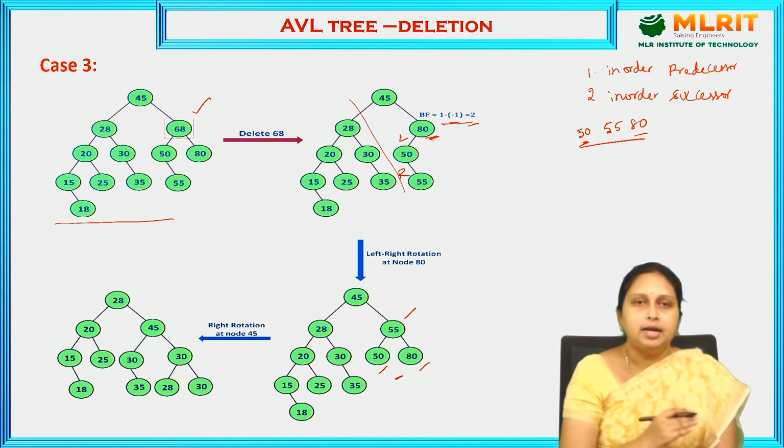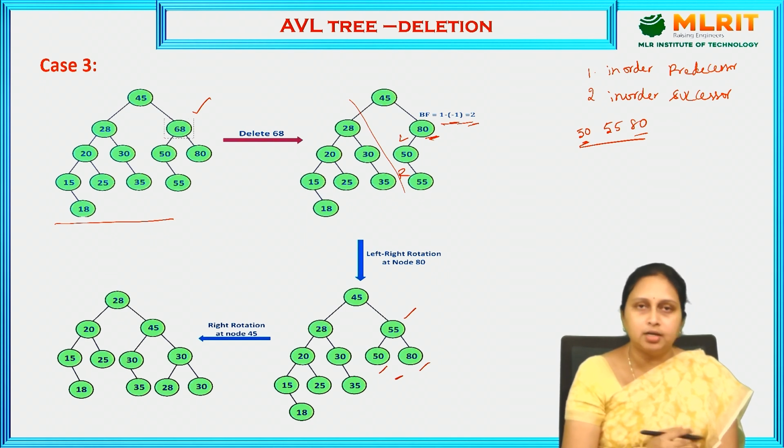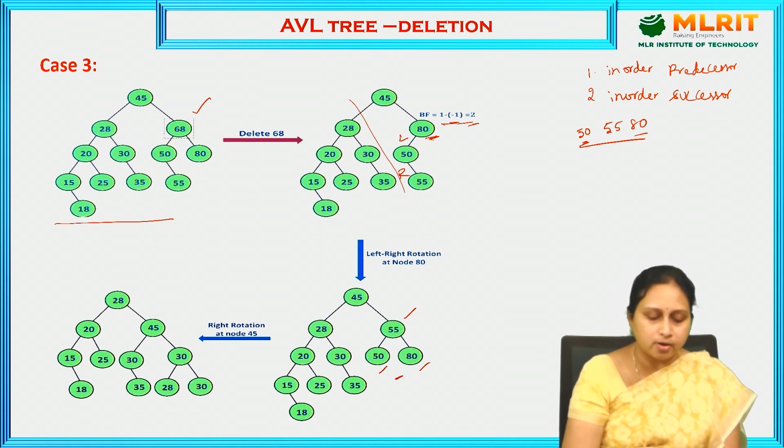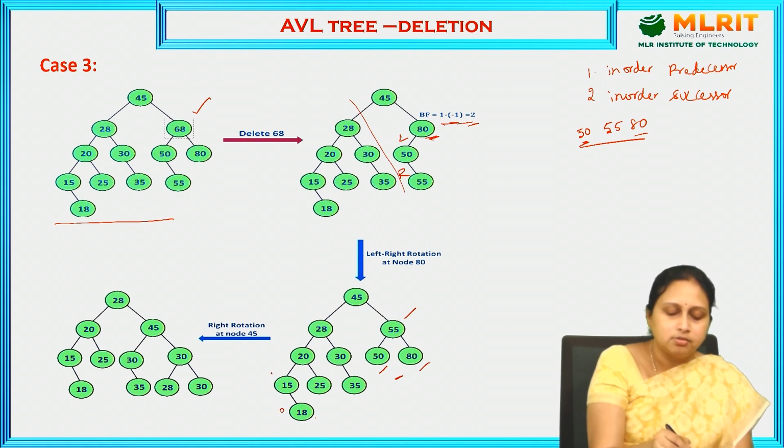Done. Next, coming to the next one, if I want to do the rotation, after doing that, check for the balance factor. Here the tree is not balanced because of some deletion we have done. Now you can check the balance factor for each and every node. For 18, 0. This is -1 and 25 is 0, 35 is 0.